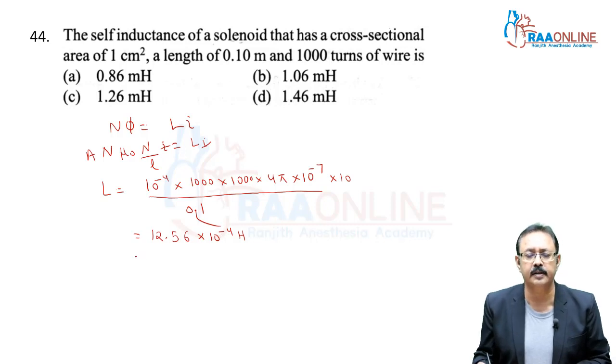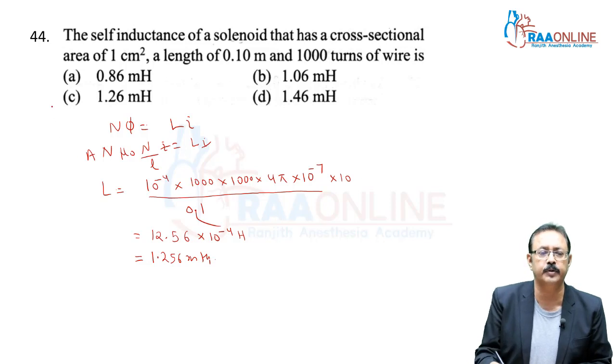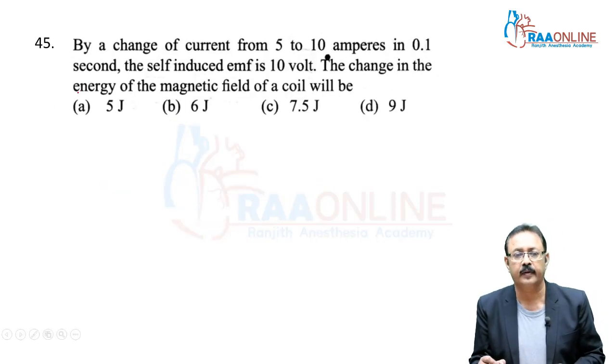So use this. We want the answer in millihenry, so we can remove minus 3 and with minus 1 we are shifting the decimal. So 1.256 millihenry. So 1.26, we are going with C.